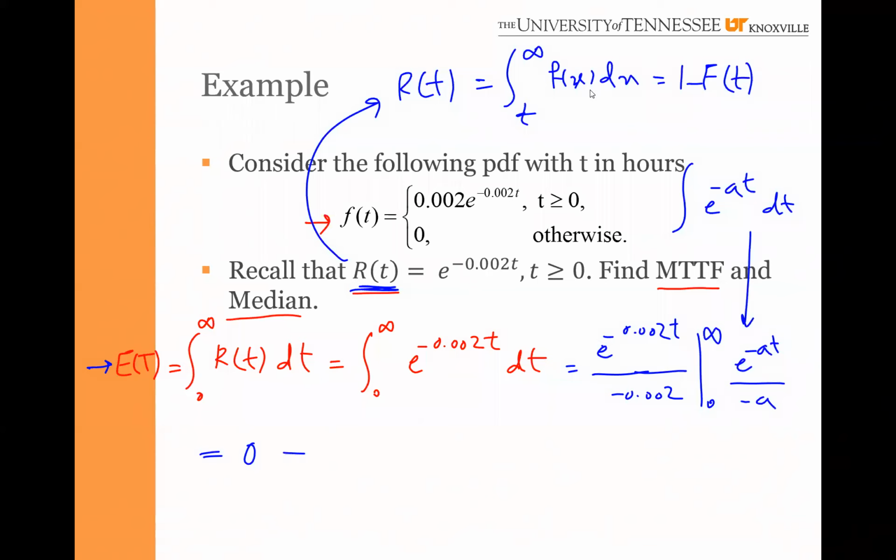Minus, at 0, it's e to the 0, so this is just 1 over 0.002, and this will be 500 hours, because my units were hours. Okay. Anybody got the median?